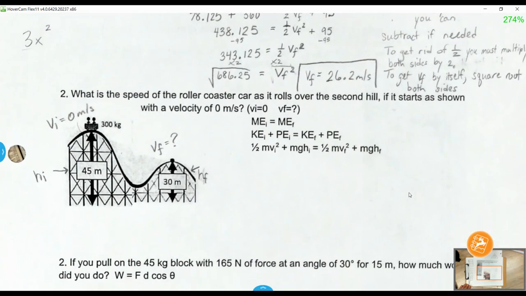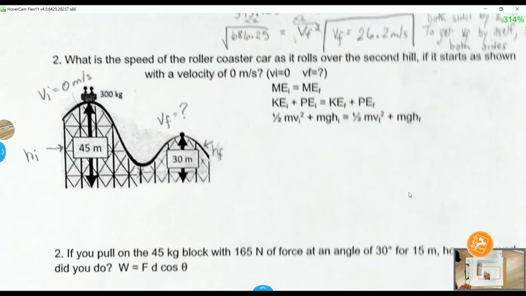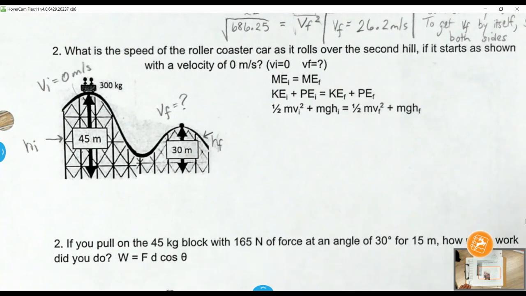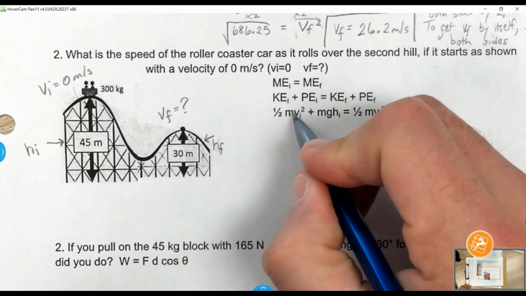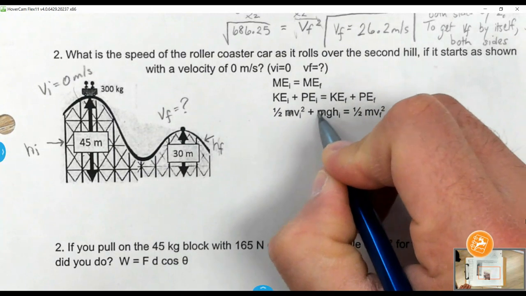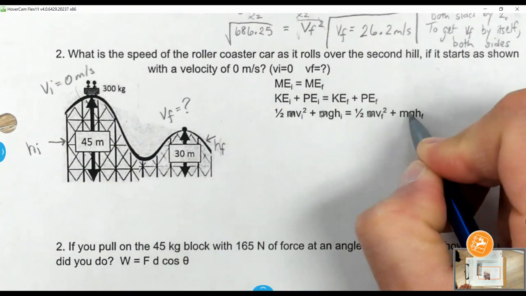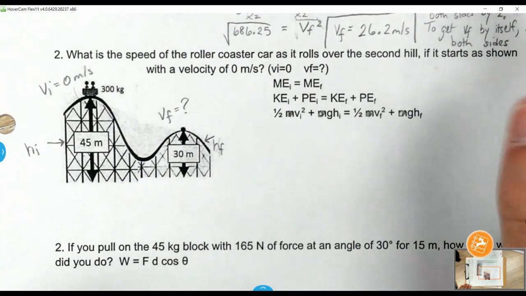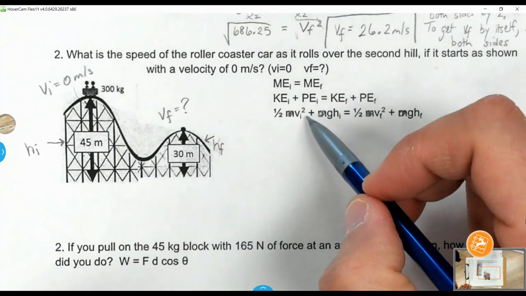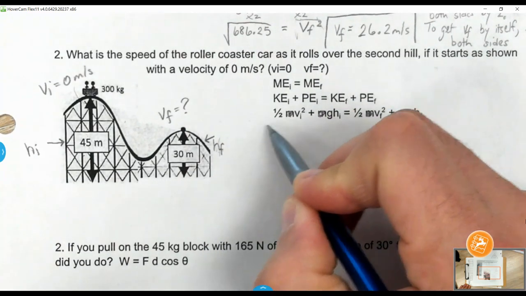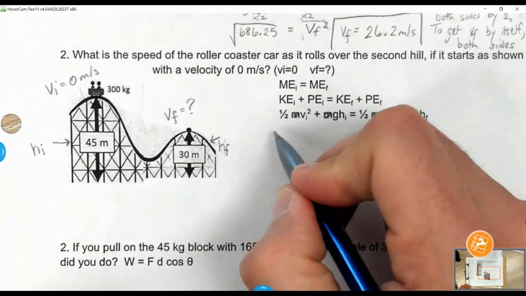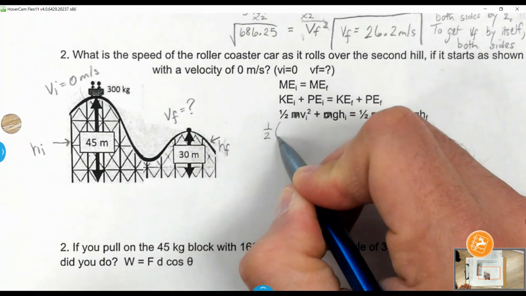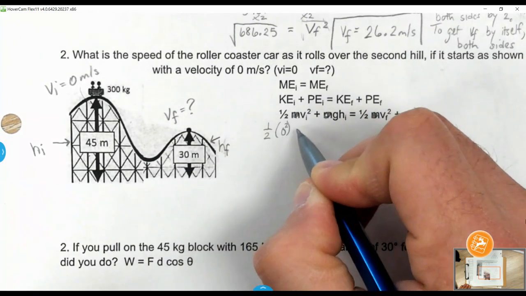So guys, make sure you are writing everything down as I'm going through it. The M's we get to cancel. From our steps above, same mass, so we can cancel M. Now plop in our information. 1/2, what is VI? 1/2 of 0 squared.